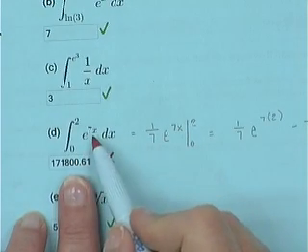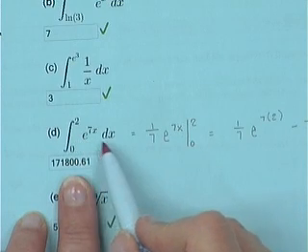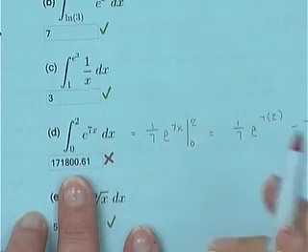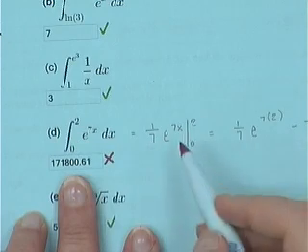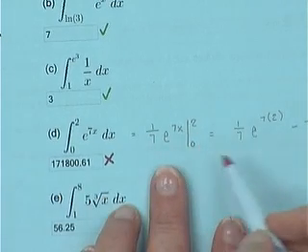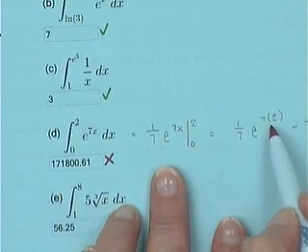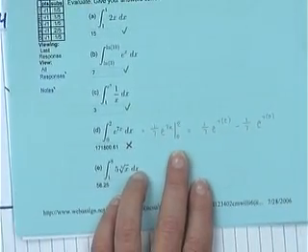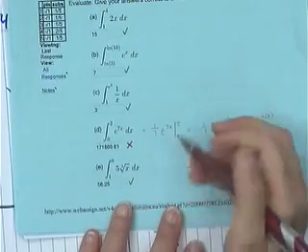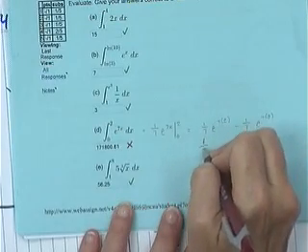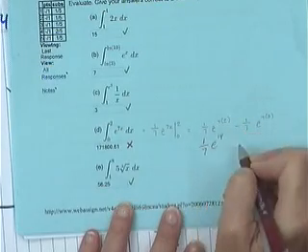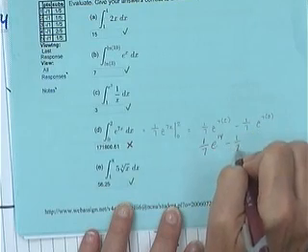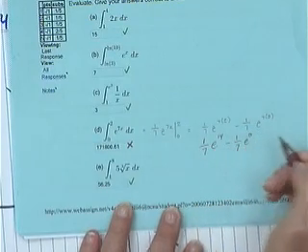Yep, your u is 7x, so du is 1/7. Okay, all right, so that's good. And then you put in your upper limit minus your lower limit. And then I don't know what happened from there. So you had 1/7 e to the 14th minus 1/7 e to the 0.